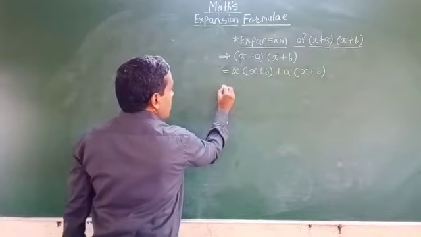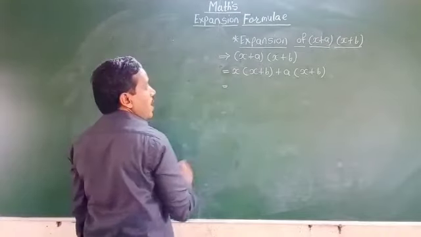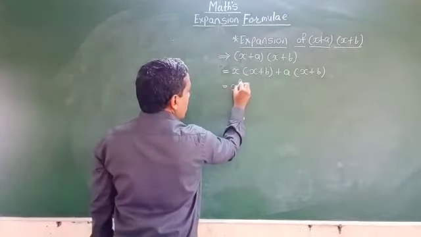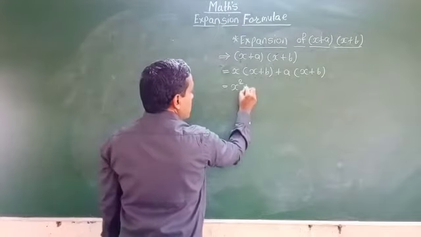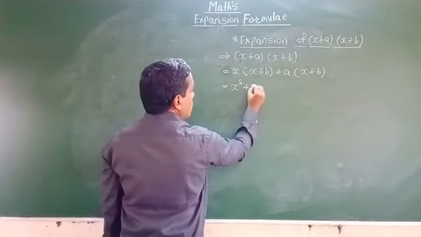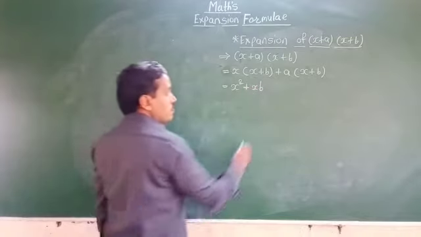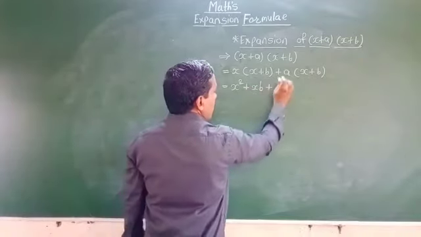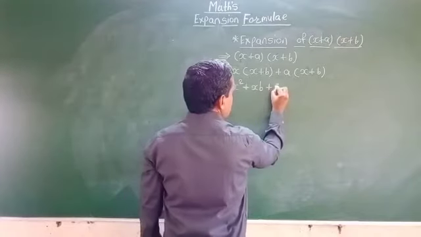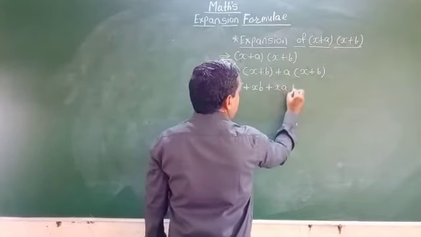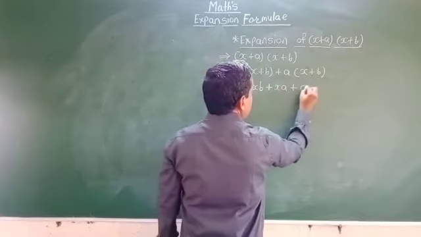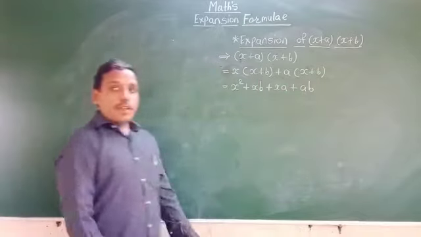So how can we multiply it? x into x is x square, plus x into b is xb, plus a into x is xa, plus a into b is ab.